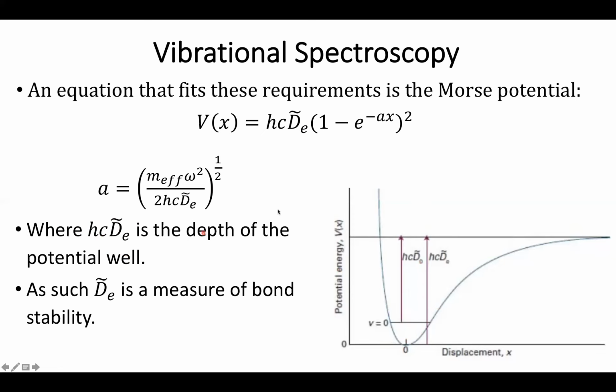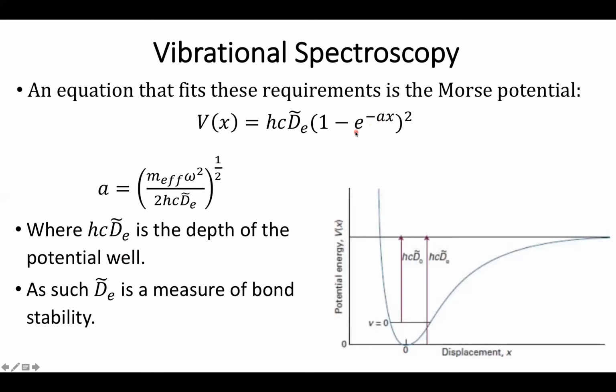The other key feature I want to emphasize here is the general shape of the equation. So we start off by having a square of the expression just to make sure that we always have a positive potential value. Then let's look at this inner exponential. If I have negative distances, which means that my two molecules are closing together, what we're going to see is that this would give me a positive value in the exponential.